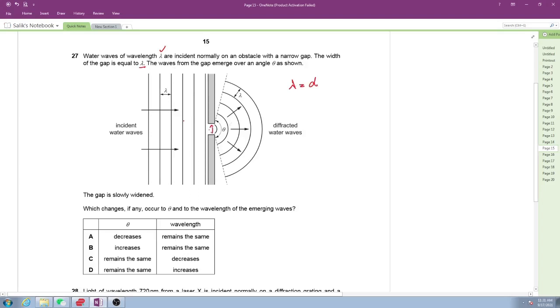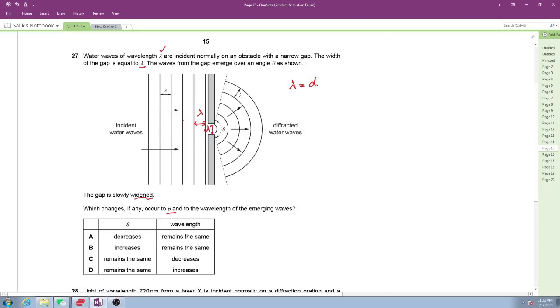If I say this is d here, and this is our wavelength, the distance between wave fronts, and the gap is here, the angle is given to us, that is theta here, and they said that the gap is slowly widened. We are increasing the d value. Which change, if any, occurs to theta and the wavelength of the emerging waves?